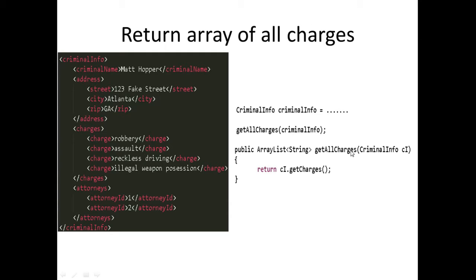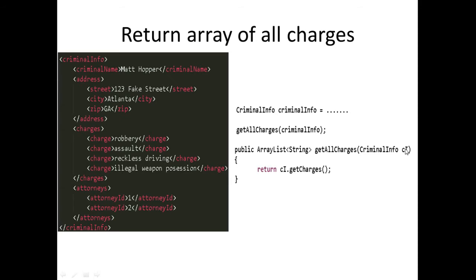In order to get all charges, or return an array list of all of the charges, we would simply pass in the criminal info. I forgot to explain this criminal info: it is actually set to some type of implementation that parses XML to objects of type criminal info. So we take our criminal info and pass it into this method.